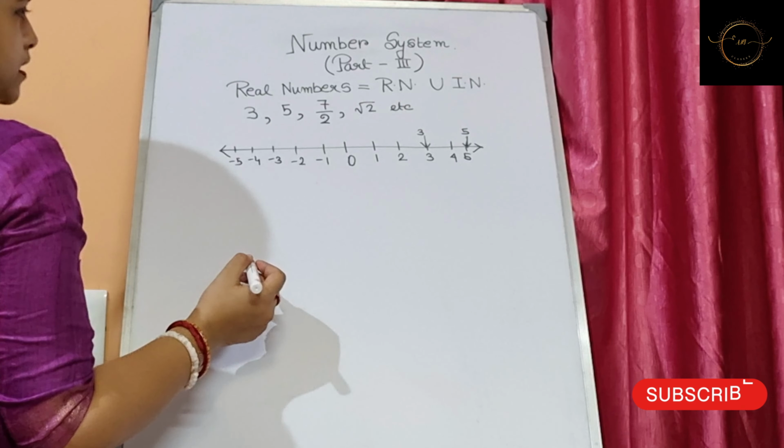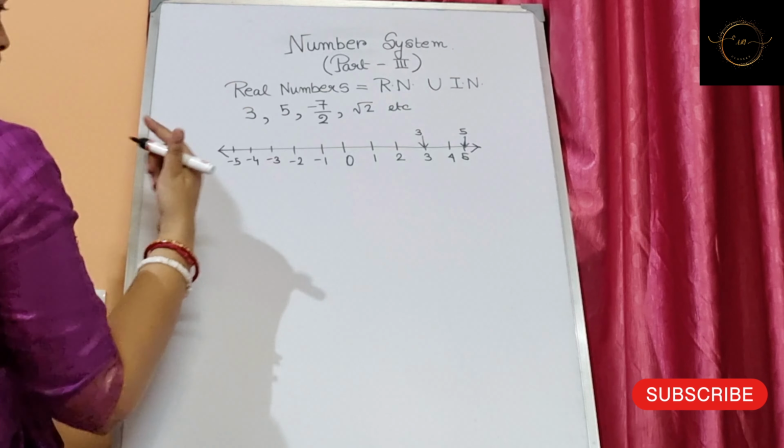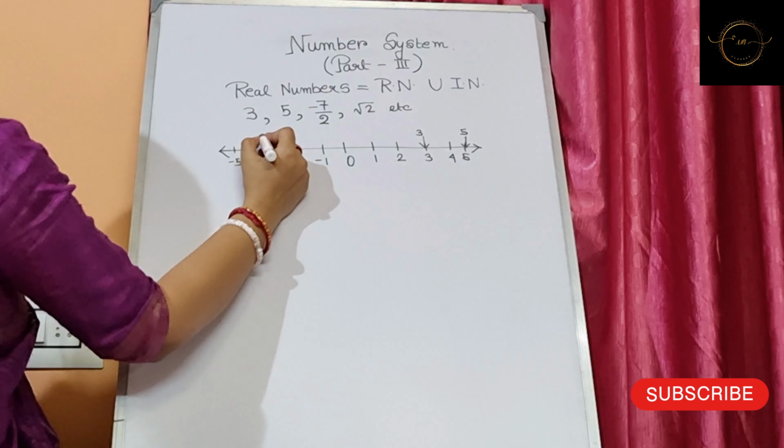7/2 is 3.5, or if I take -7/2, it will be -3.5 somewhere over here.